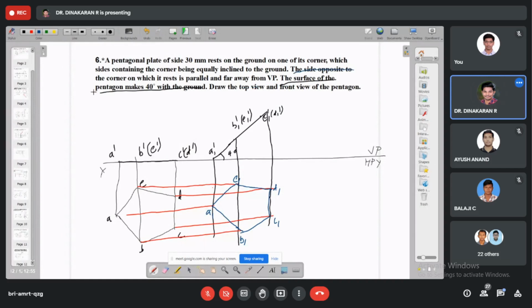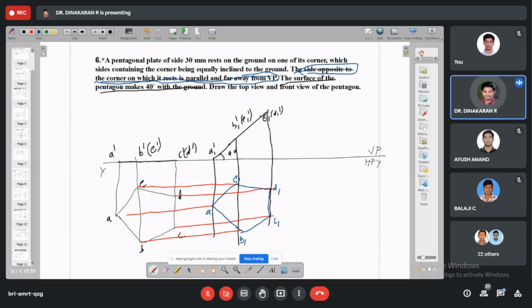The side opposite to the corner on which it rests is parallel to and far away from the VP. How to draw this problem? The corner opposite edge is which one? The corner is A. Opposite edge is which one? E1 B1 or C1 D1? You see, the side opposite to the corner on which it rests is parallel and far away from the VP, as given for the fifth step.